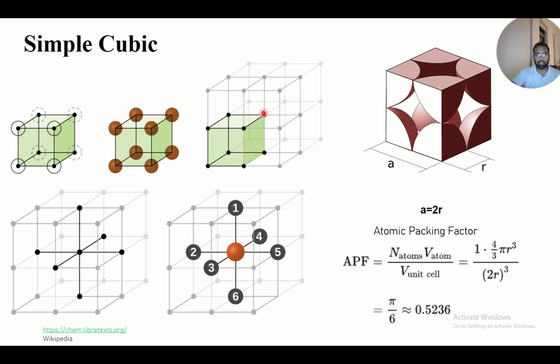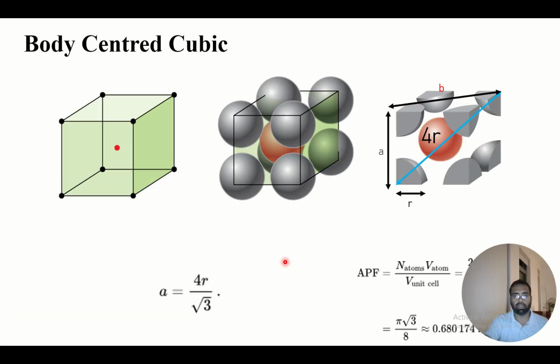This is the one, then you will have two, then three, and four are here. And if you look at the downside, there is one, and then another one on the upper side. So you can understand it this way. The coordination number of this atom is 4 inside the simple cubic.